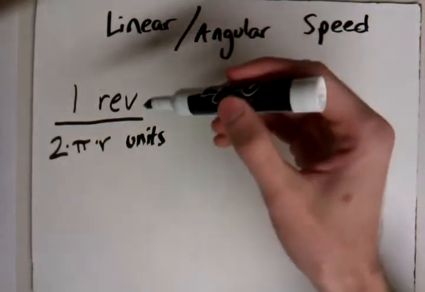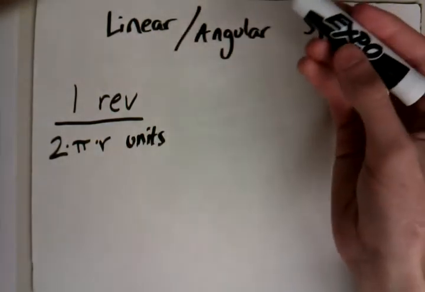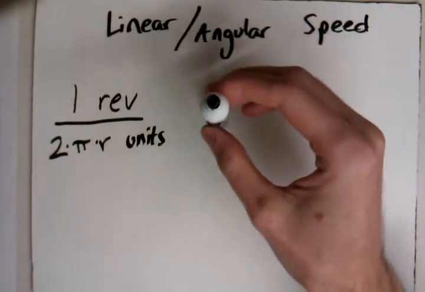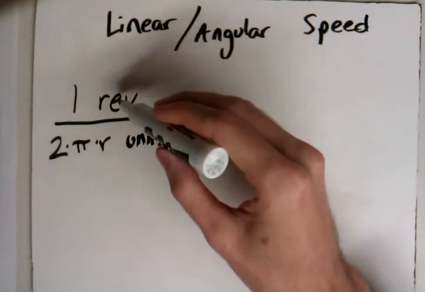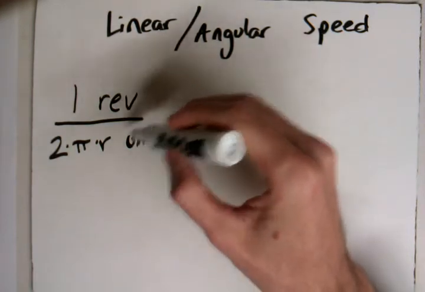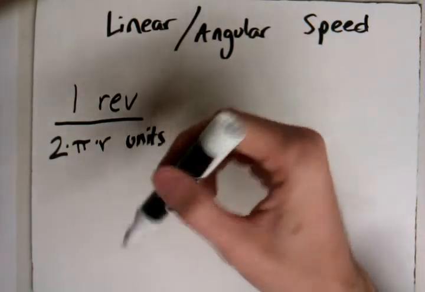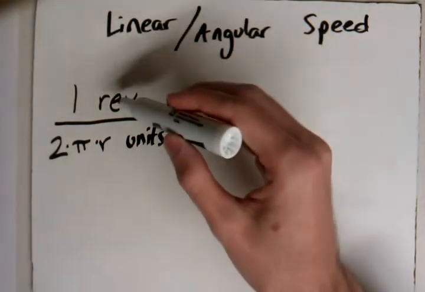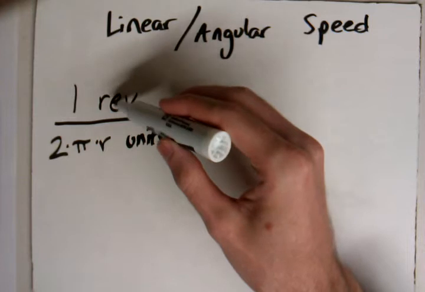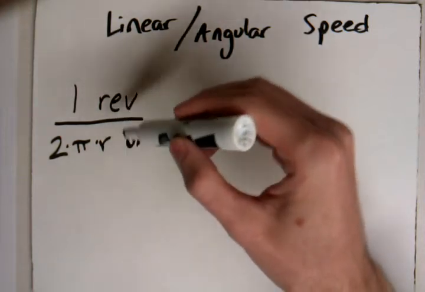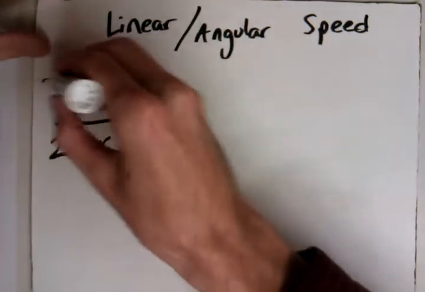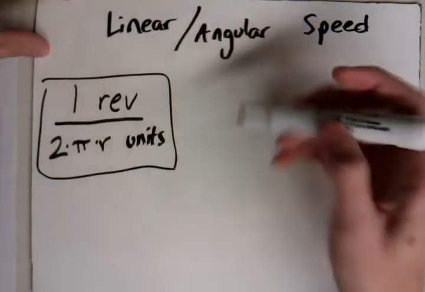So if you want to go from RPMs, revolutions per minute, into a linear speed, you need to know how many revolutions there are in the units you're looking for. For example, if you want miles per hour, you may start out with revolutions and convert into inches, and then go from inches to feet, feet to miles. So that's one little tip that's nice to know.